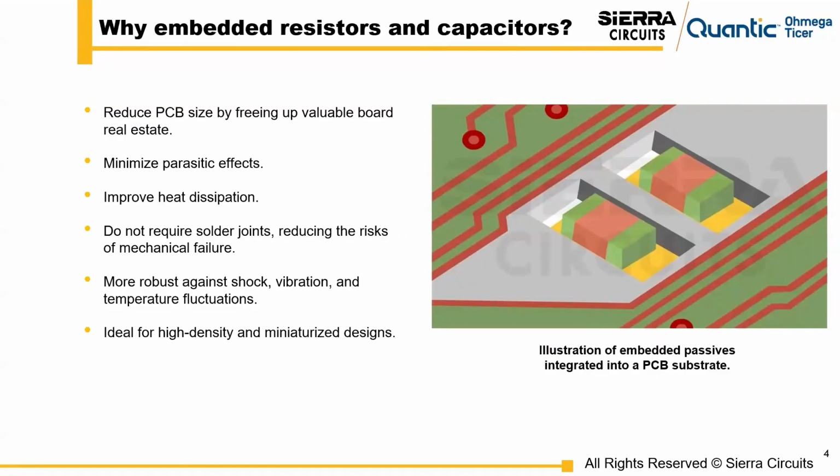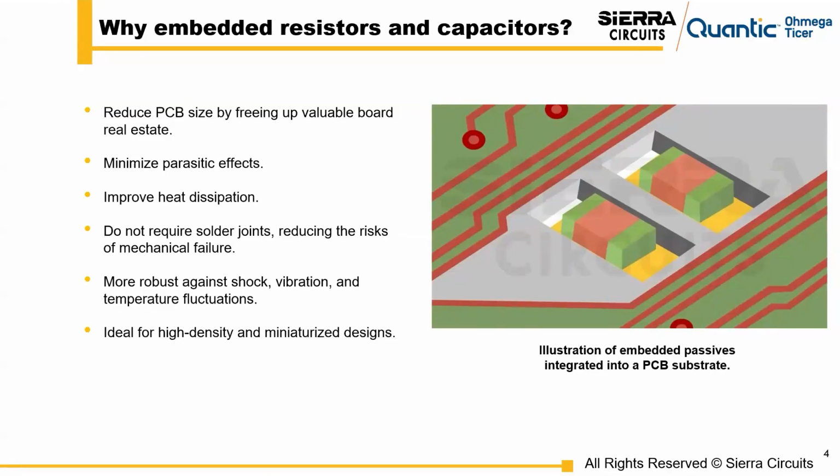So, if you have a board or a technology challenge, that's really when you should be considering embedded resistors and capacitors. It replaces surface mount devices, and that means that you would have less solder joints to worry about.